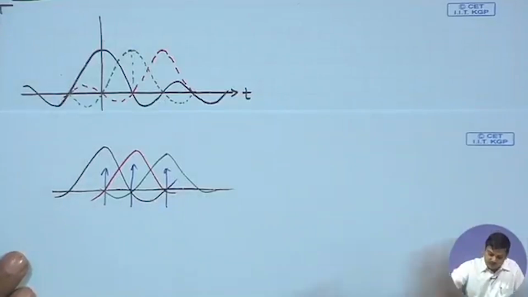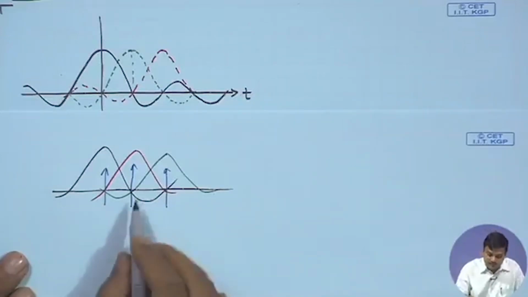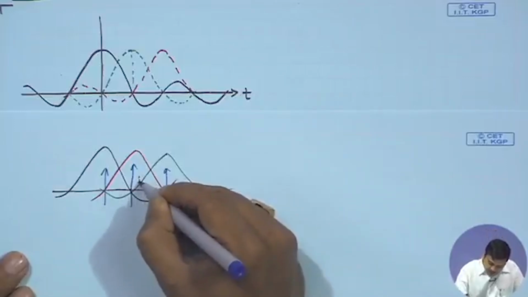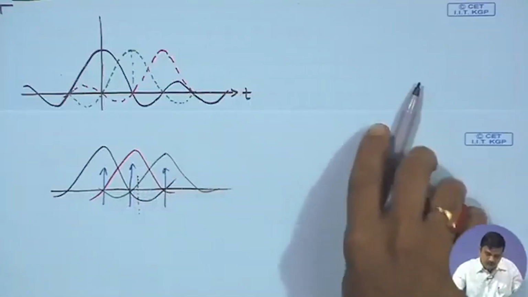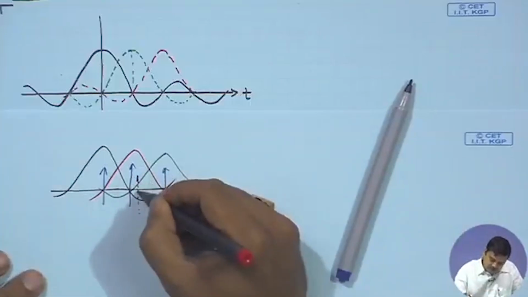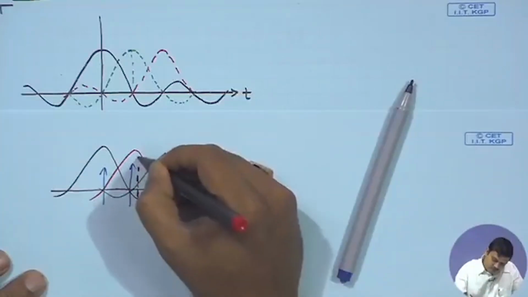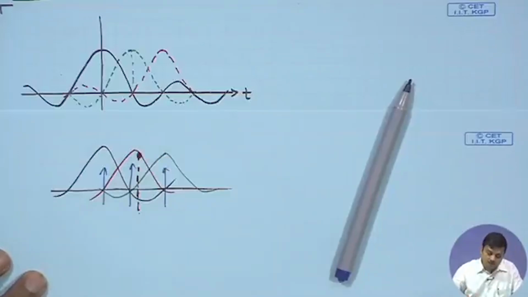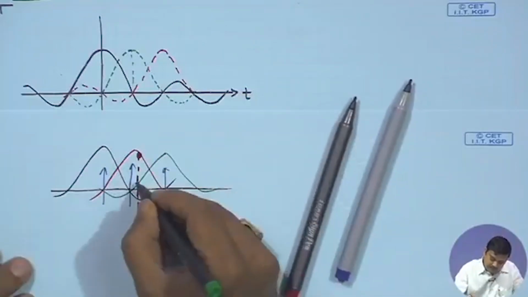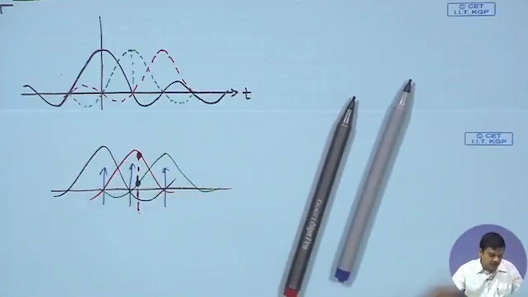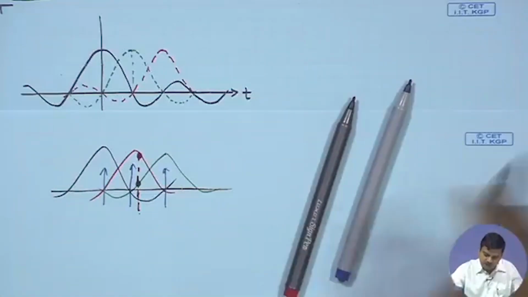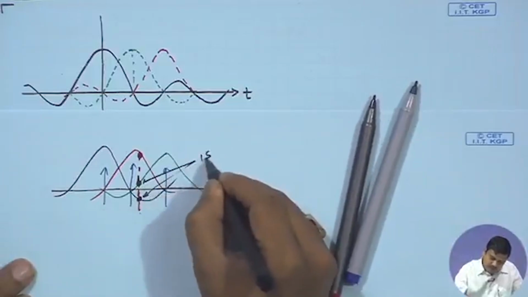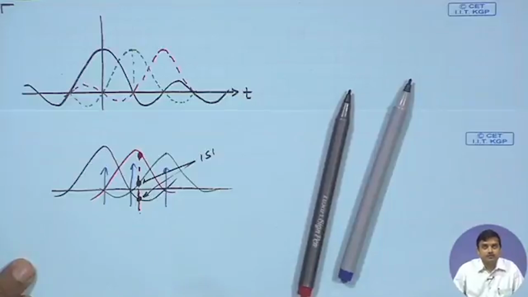Now, if the receiver clock makes an error and instead of sampling there, it samples at a little bit offset point, what we see is that the desired signal has a lower value, while there is contribution of other symbols from the neighborhood, and we do get a lot of inter-symbol interference.